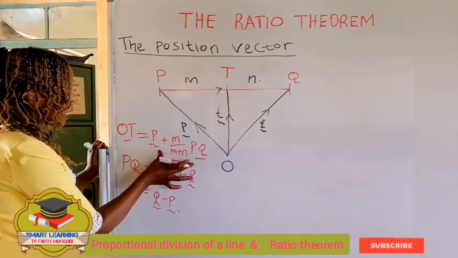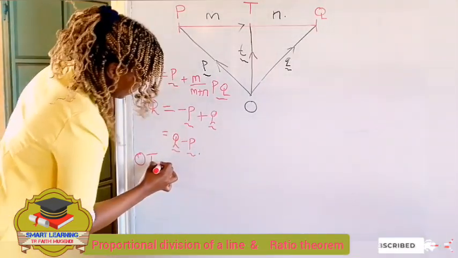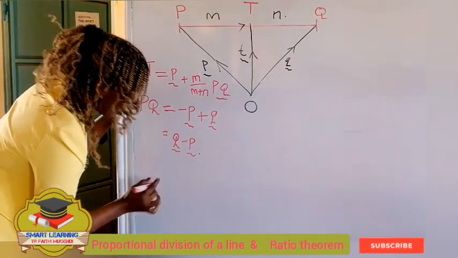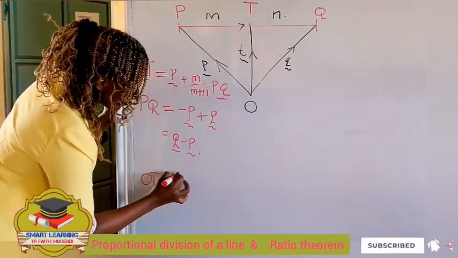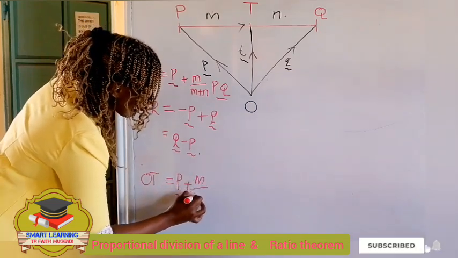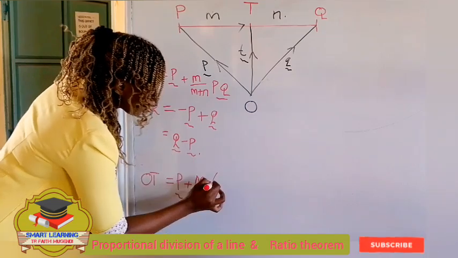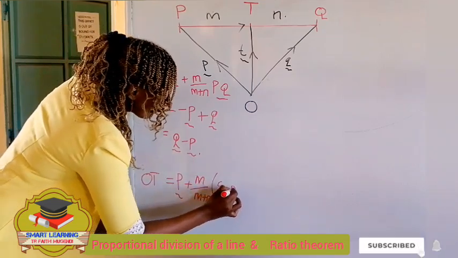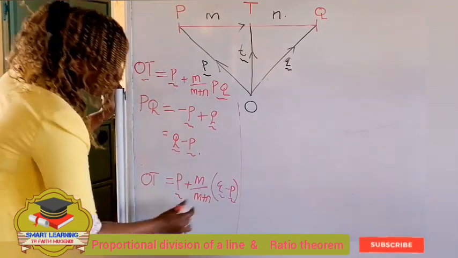Now, our interest is position vector OT. How do we get OT? OT is vector P plus m over m plus n of PQ, which is now Q minus P. All right.